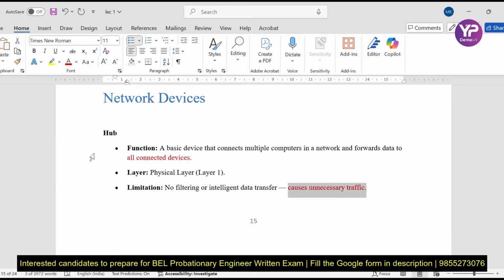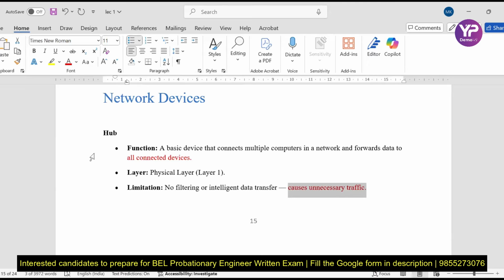See the difference: two or more LAN segments. Are you getting my point? Yes, sir. Fine. Again, it's a data link layer, layer 2 device. It divides a large network into small manageable parts. That is the main advantage of bridge.